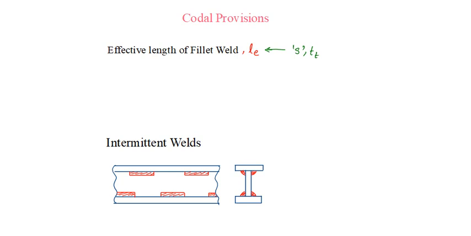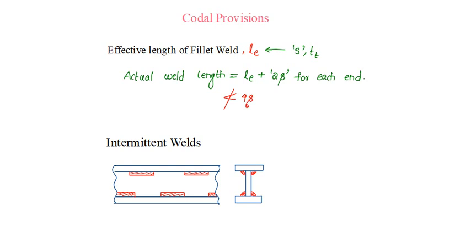But in practice the actual weld length is in excess of the effective length, that is, LE plus 2 times S for each end, and this actual length of weld should not be less than 4 times S, where S is the size of the weld. This is as per clause 10.5.4.1.